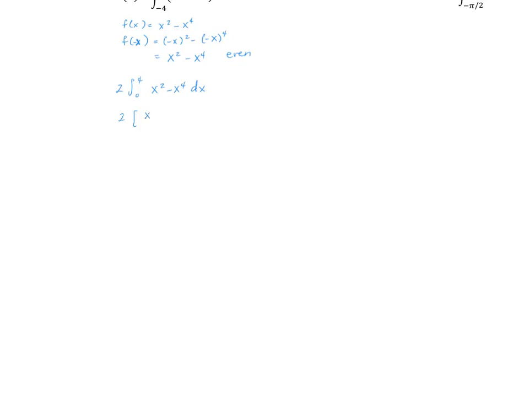This is going to be x to the 3rd over 3 minus x to the 5th over 5. I'm going to evaluate that from 0 to 4. So this would be 2 times 4 to the 3rd over 3 minus 4 to the 5th over 5, and then I'm going to subtract 0 minus 0.